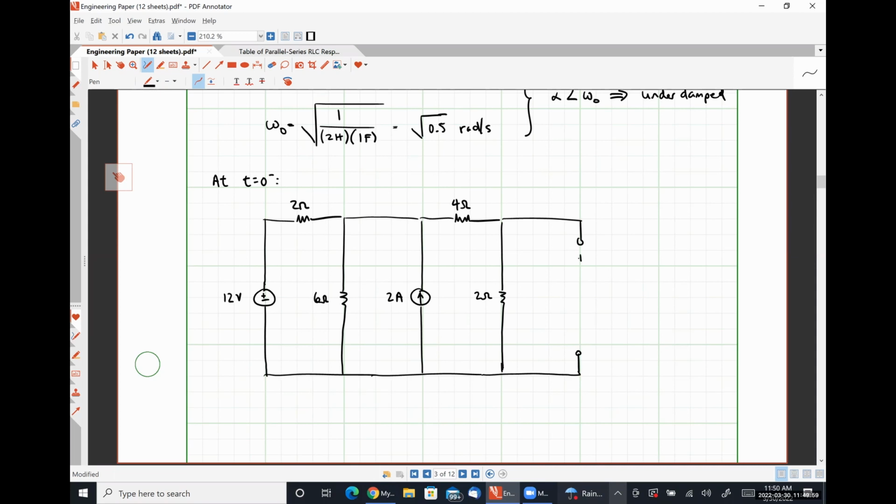And here is VC of 0 minus. And here is I of 0 minus.